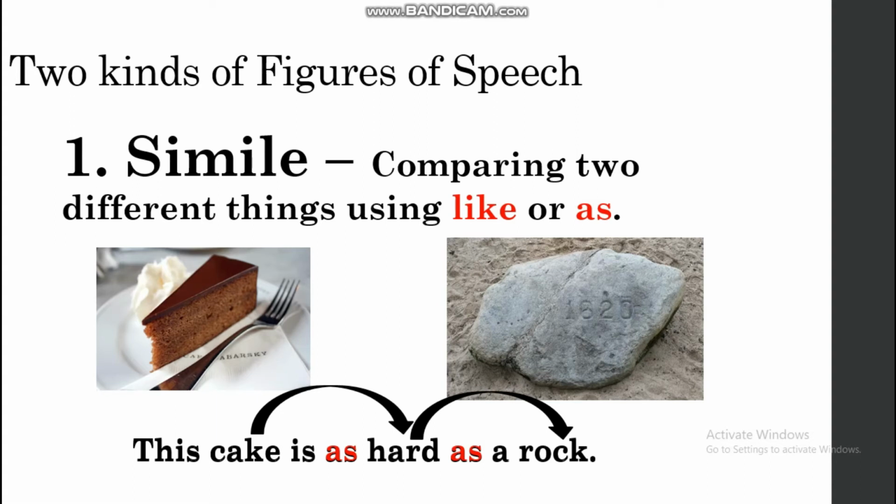Is it really as hard as a rock? No. Because in figures of speech, we don't use literal meanings. This sentence can mean that the cake is frozen, that those who try to eat the cake are not able to bite it because it is as hard as a rock.